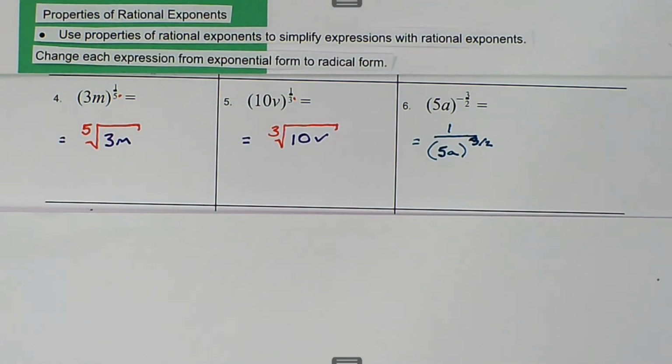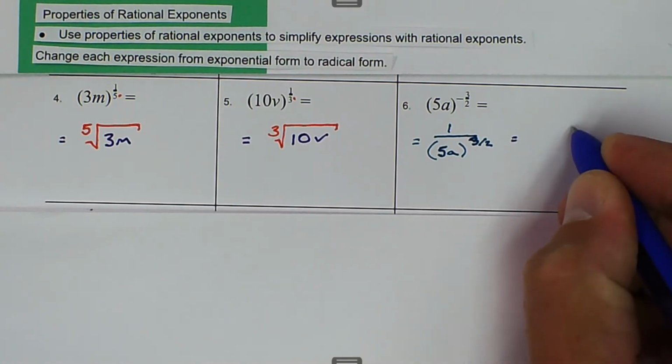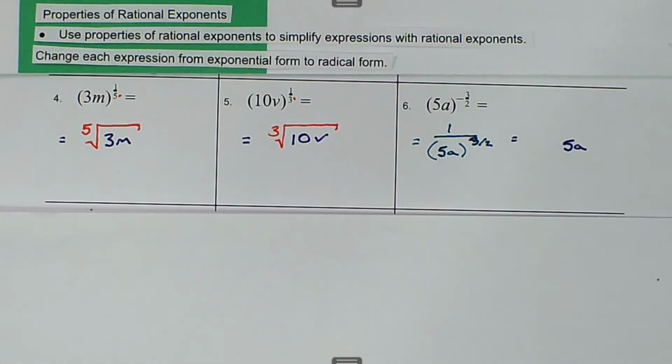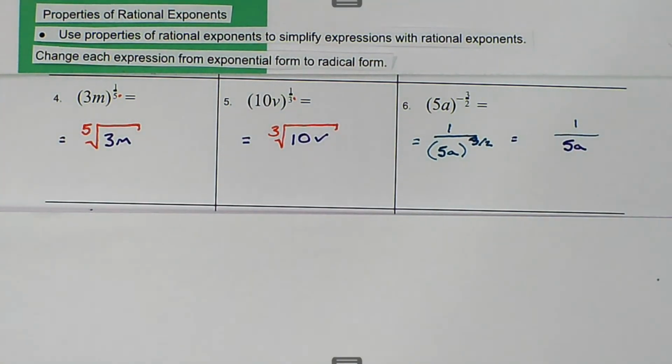And now that we have it as a positive exponent, we can write it in radical form. So we're still going to have our base, which is 5a, and we are still going to have our divide sign and our 1.